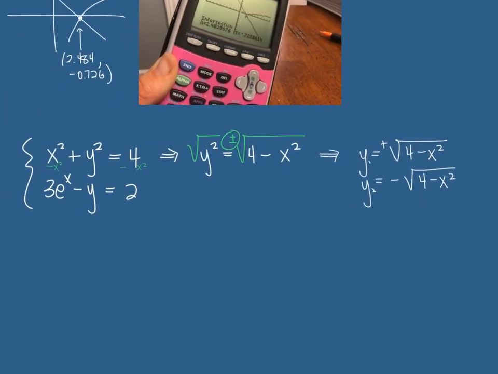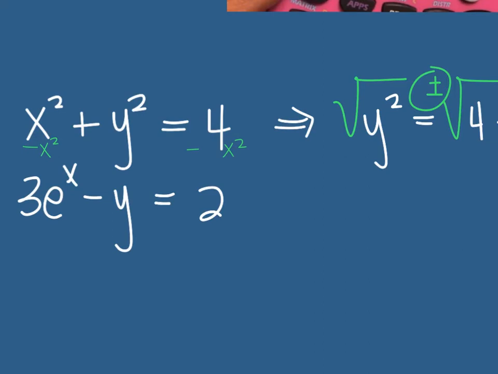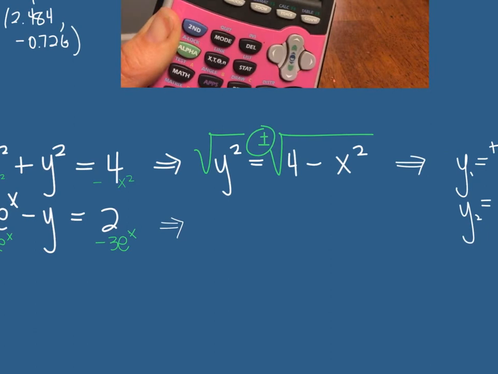All right, for the next equation, I need to get the 3e to the x subtracted to the other side. Okay, that is going to leave me with negative y equals 2 minus 3e to the x.